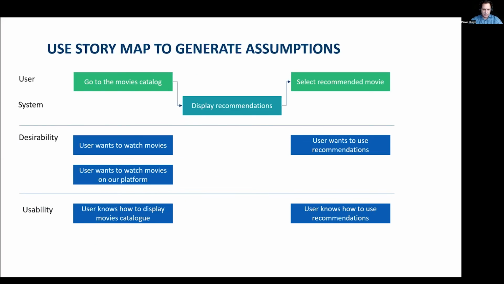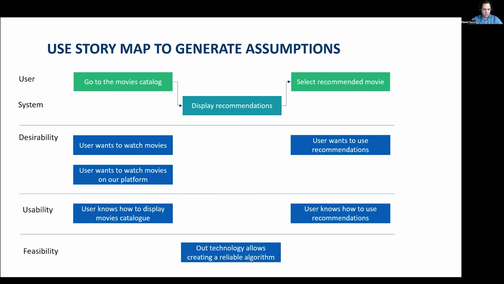And for this idea, we have identified five or six assumptions. The assumption for the idea of displaying recommendations is that users want to watch movies, and if they don't want to watch movies on our platform, then this idea is not correct.